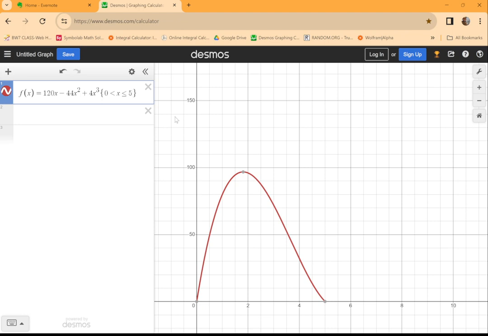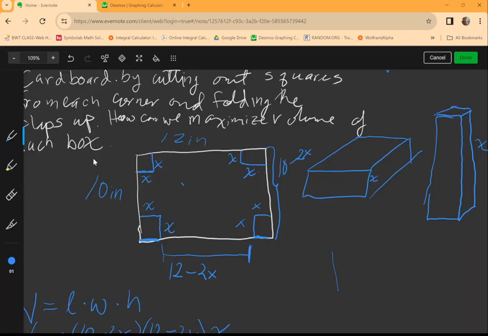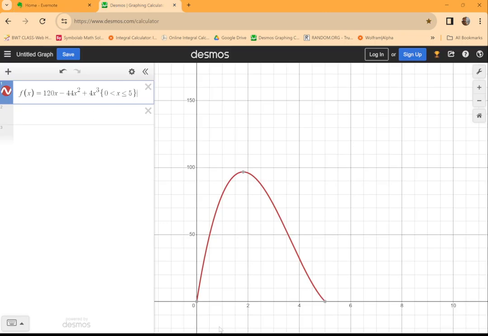Okay, so we can't cut x to be larger than 5, because then it goes beyond the limits of the size of my cardboard here. All right, and so now we could say a really small flap, or a really wide box, doesn't really make sense in terms of maximizing volume.